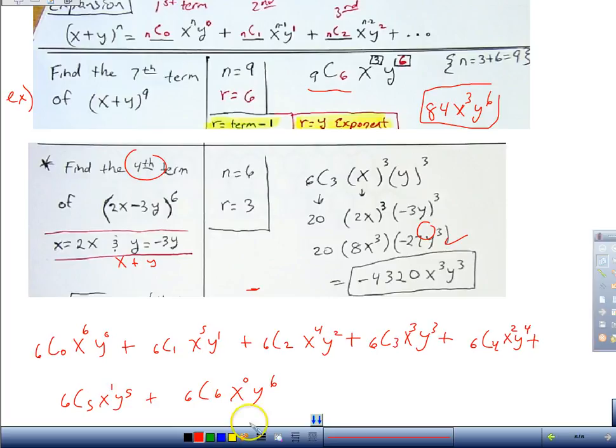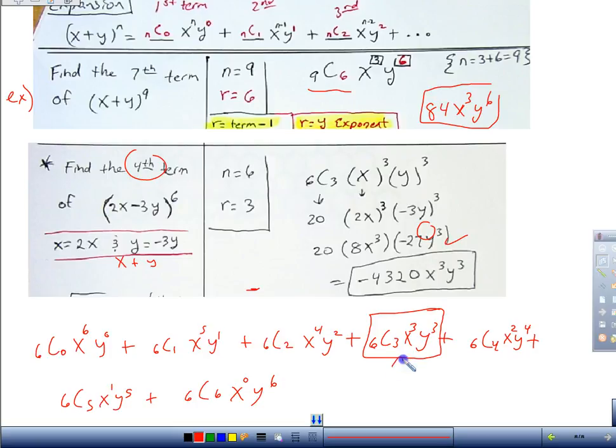Okay, so now we just did the fourth term, 1, 2, 3, 4. We did this one right here. As you can see, the exponents are 3 for x and 3 for y right there.